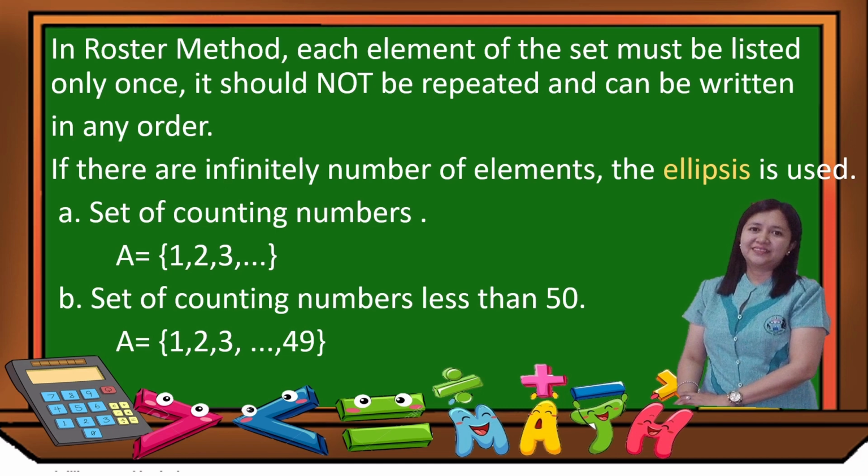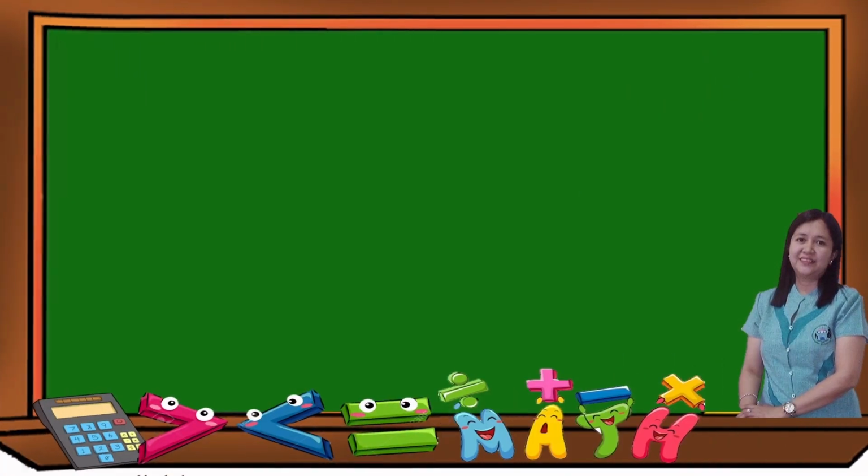We need not mention 4 up to 48. We just have to write an ellipsis between 3 and 49. Meaning the other counting numbers from 3 to 49 are included. And 49 is less than 50. Did you get that? Good.